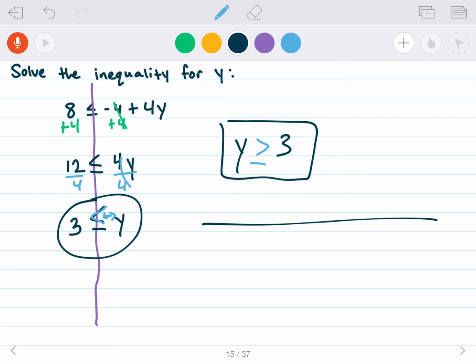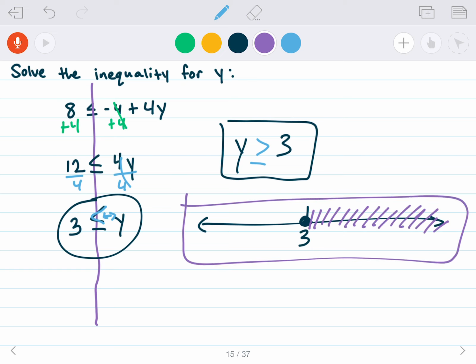Now if I plot this on my number line, this is anything that's 3 or larger. So 100 million is in this set, 1 billion is in this set, 1 trillion is in this set. So let's go ahead and put our closed dot there because of that line, and we're going to shade everything to the right. So that is my graph there.